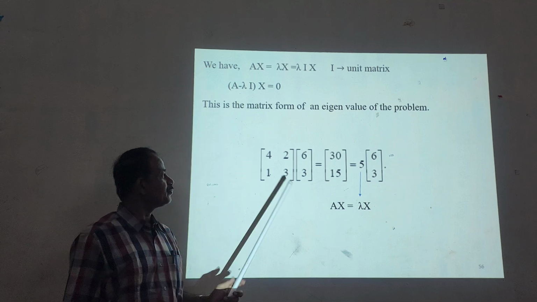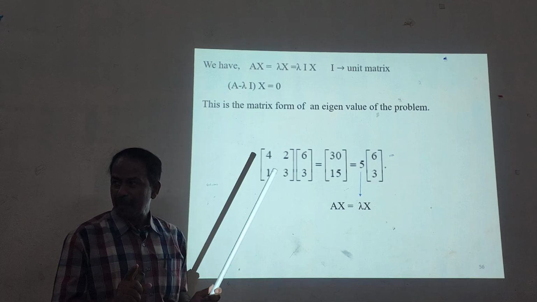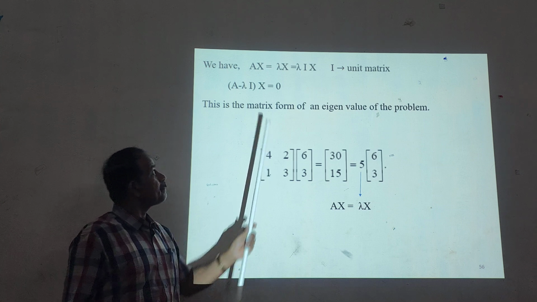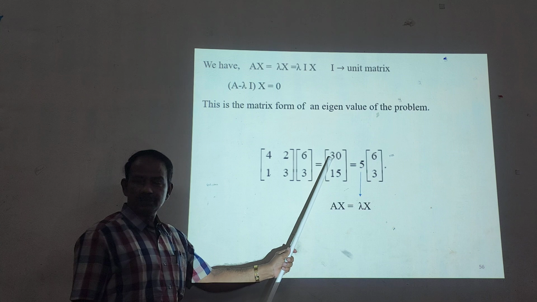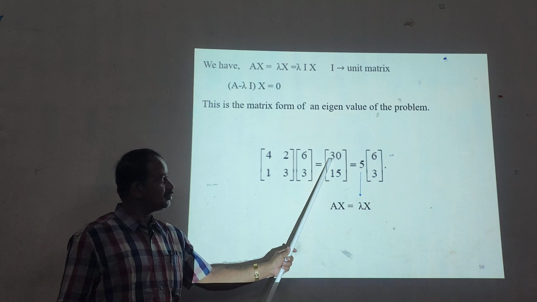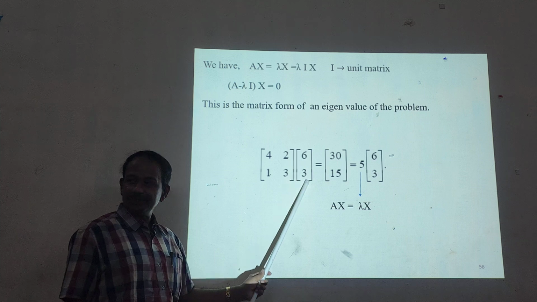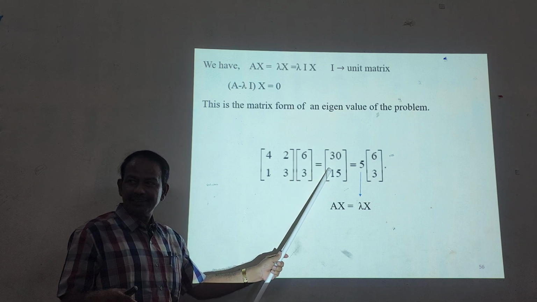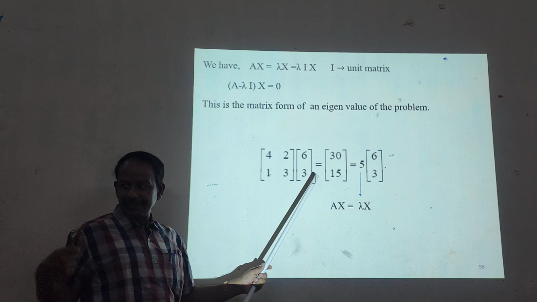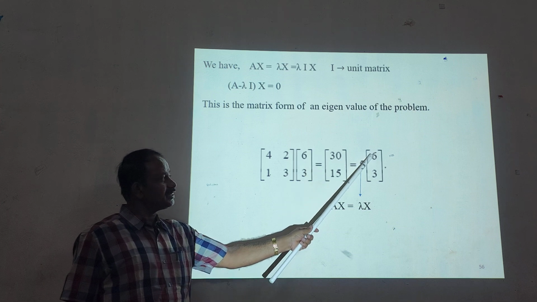This is Ax equal to lambda x, correct? Lambda is a number. So this is your A, this is your x, and this must be your lambda x. But here 6, 3 is your x. Now how do we get 30, 15 from x? You just take 5 out, so this can be written as 5 times 6, 3.